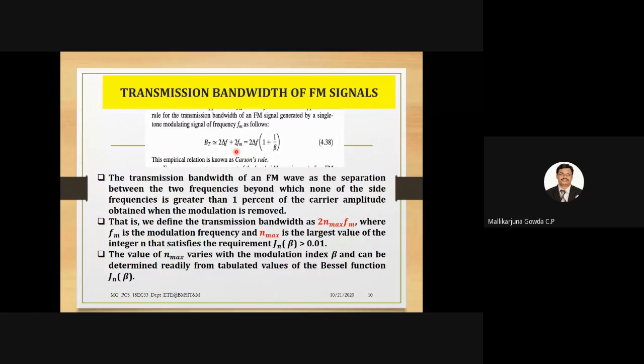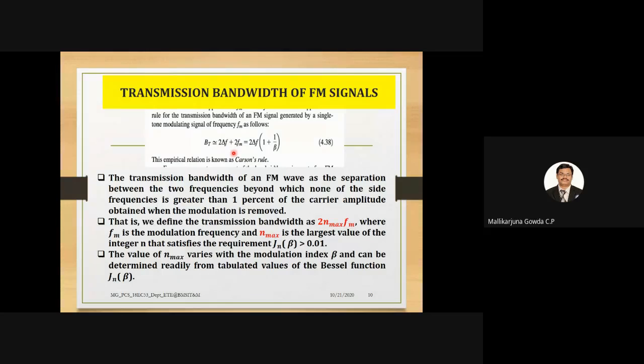I hope we can note this down. The transmission bandwidth required for transmitting FM signals is denoted as B suffix T, which is equal to 2 times the frequency deviation plus 2 times the frequency of the message signal. This is an empirical relation.